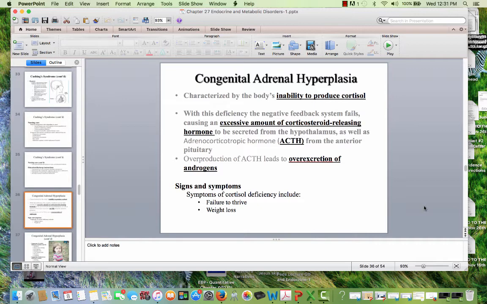So with this deficiency, the negative feedback system fails, causing an excessive amount of corticosteroid releasing hormone to be secreted from the hypothalamus, as well as the adrenal corticotropic hormone from the anterior pituitary. So there's basically an overproduction of the ACTH, which leads to overexcretion of the androgens.